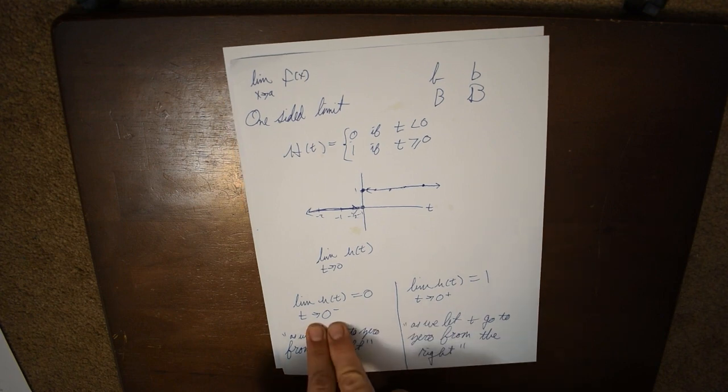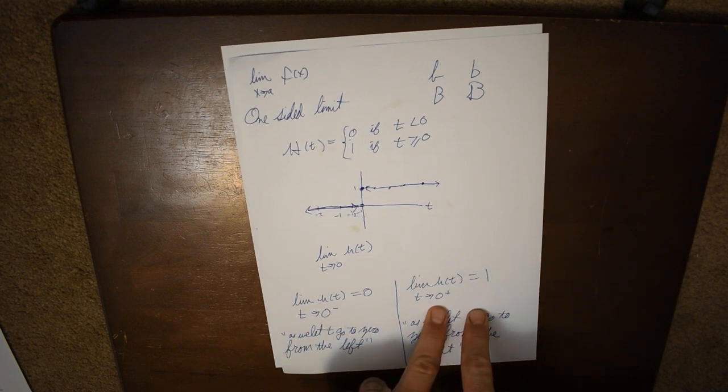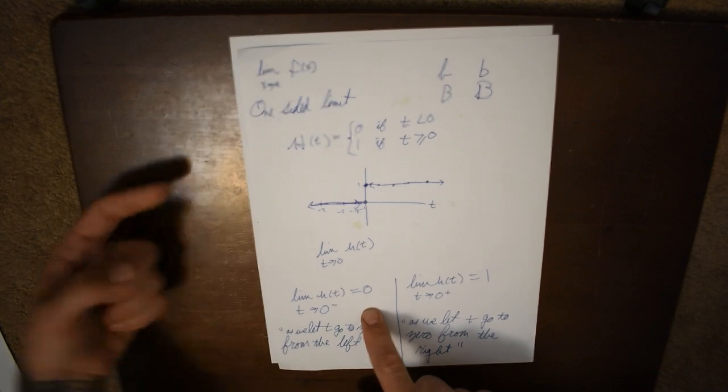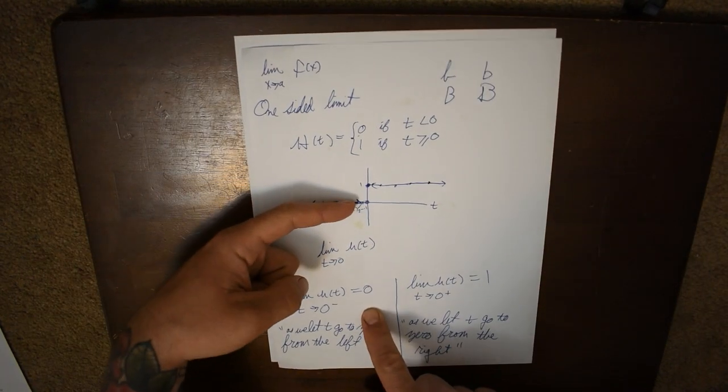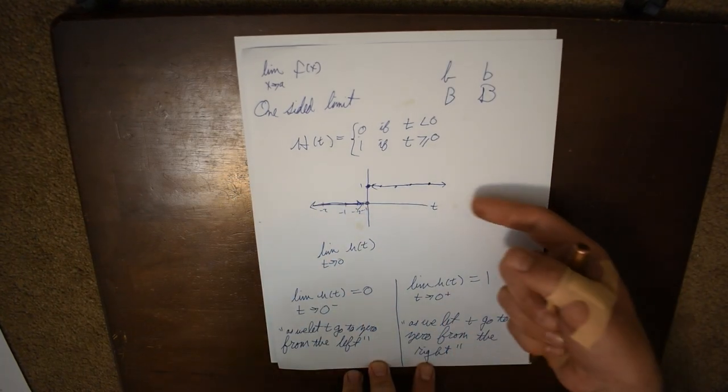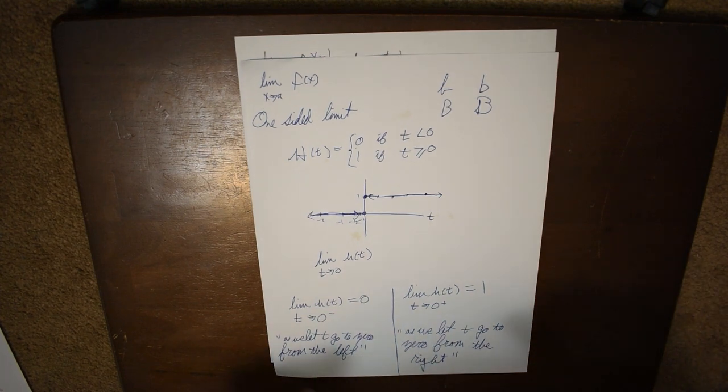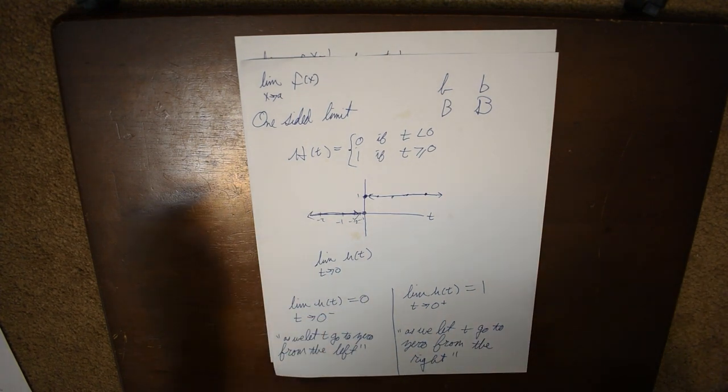So we can have limits from the left, and we can have limits from the right. From the left, your values are increasing to a point, and from the right, your values are decreasing to a point. The book then goes on to a definition of a one-sided limit.